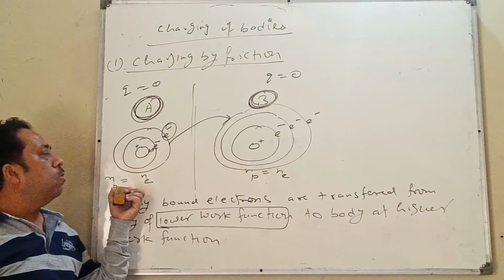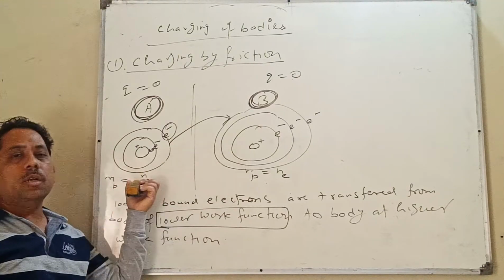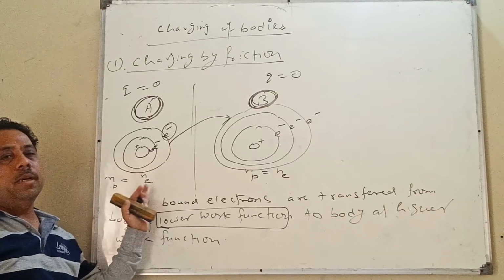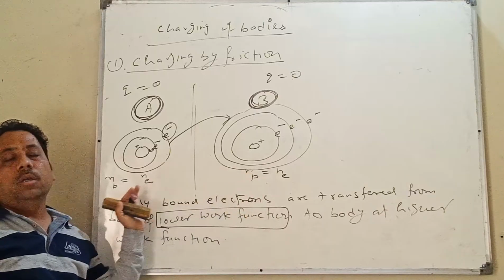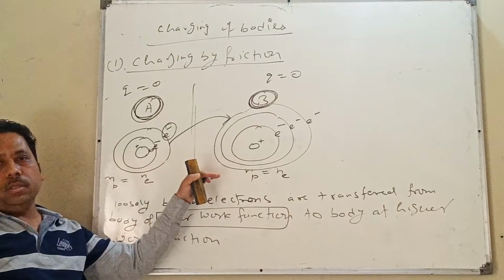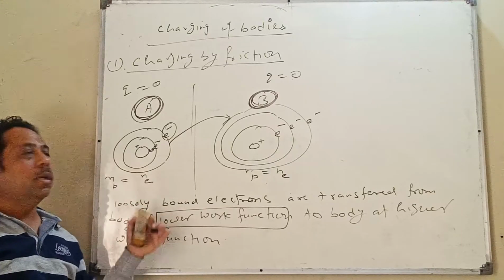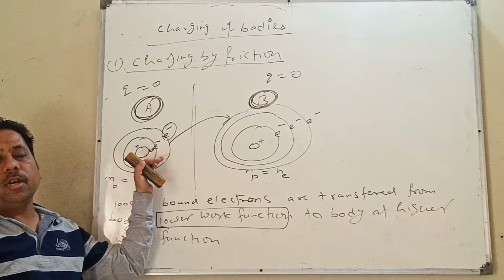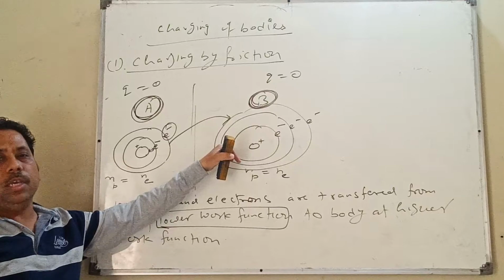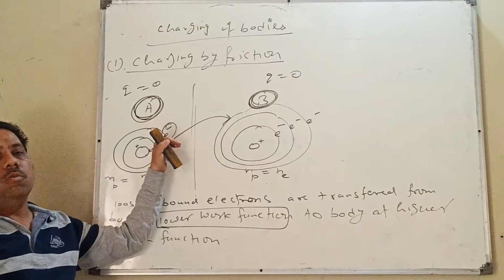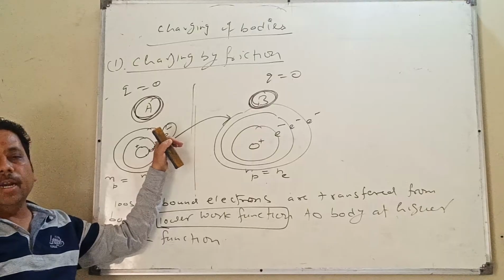Now you all know, before rubbing the two bodies, the number of protons and electrons were equal in both bodies. Then what will happen after rubbing? Electron gets transferred from body A to body B. So body A is losing electrons, and you all know the electron is negatively charged.